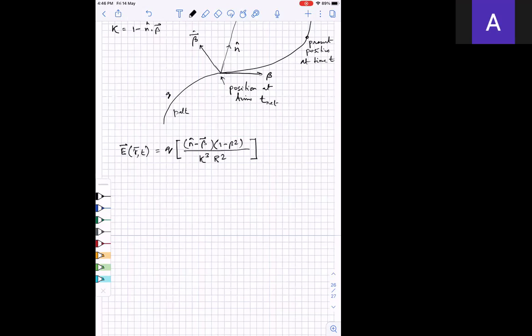The box means it is evaluated at the retarded time. Plus Q by c, n cap by kappa cubed R, multiplied by n cap cross (n cap minus beta) cross beta dot.